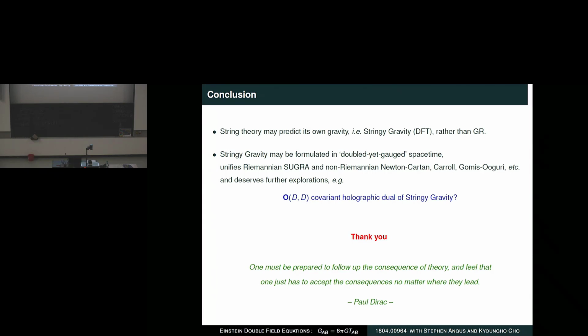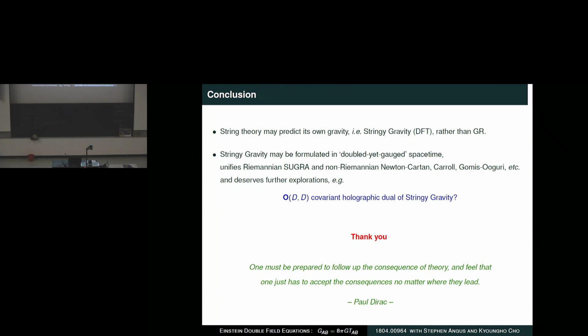So when we talk about holography, the basis is that there are many global symmetries in AdS and in the CFT. Your question somehow provokes that it seems like you are saying that O(D,D) is a global symmetry in your theory. Yes, it's the most important built-in symmetry from the beginning.